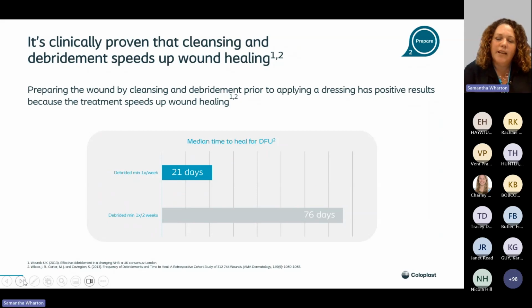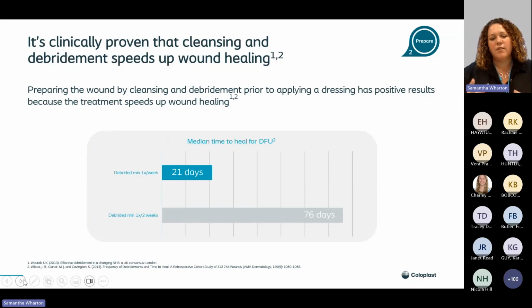And this is a really, really interesting study. It's a large retrospective study of 312,000 wounds. So it's a really big study, and they looked specifically at debridement of diabetic foot ulcers.